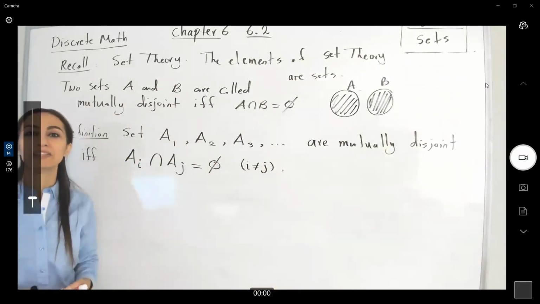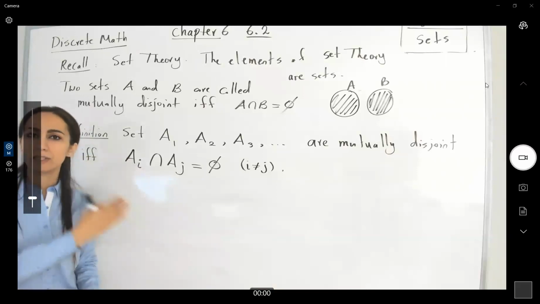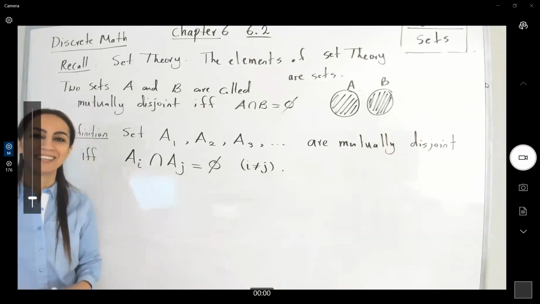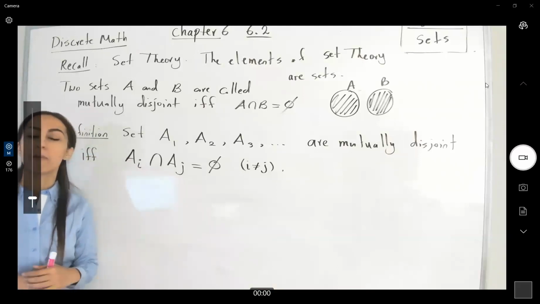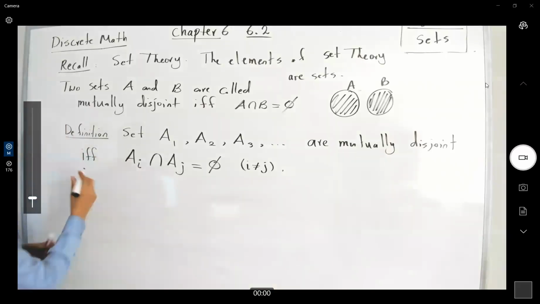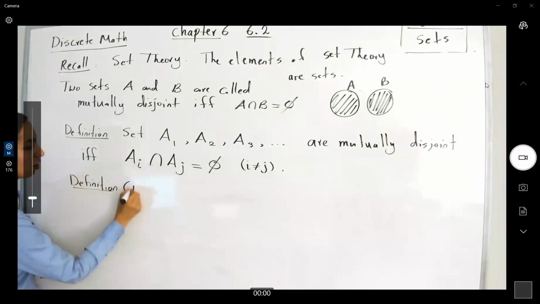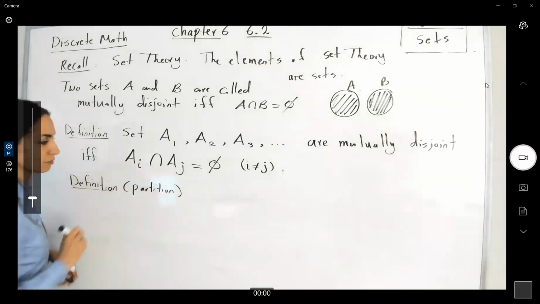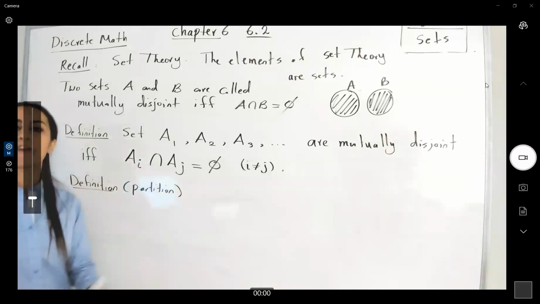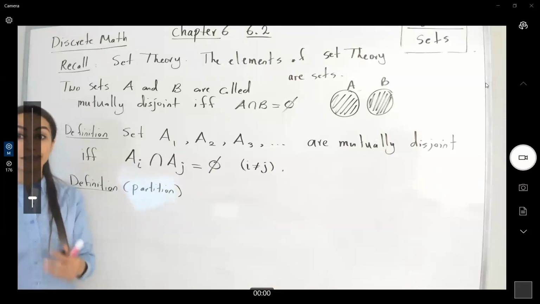Using different remainders, we can divide up Z into some portions, or we can define partitions. So, definition of partition. For a partition, we need a large set. Think about set Z.